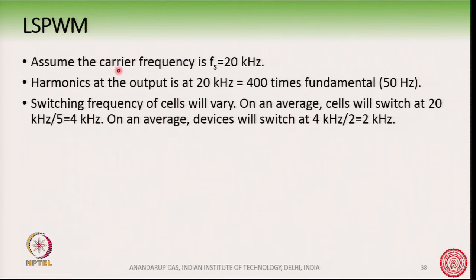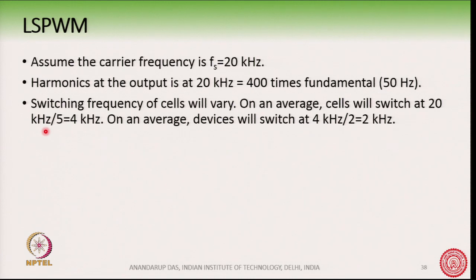So, if the carrier frequency is 20 kilohertz, then the harmonics will reside at 400 times the fundamental, but the switching frequency of cells will vary. On an average, cells will switch at 20 kilohertz divided by 5, because there are 5 cells. So, it will come around 4 kilohertz, and on an average devices will switch at 4 kilohertz divided by 2, that is 2 kilohertz.